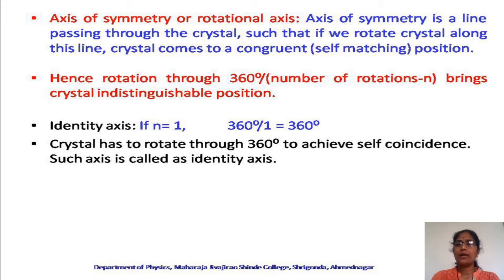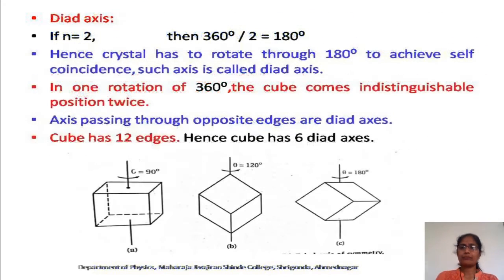When we substitute n equal to 1, 360 degrees by 1 comes out as 360 degrees. It means that if we rotate a crystal through 360 degrees, then it will match with itself. This is called self-coincidence, and such an axis is called the identity axis. Then next is the diad axis.